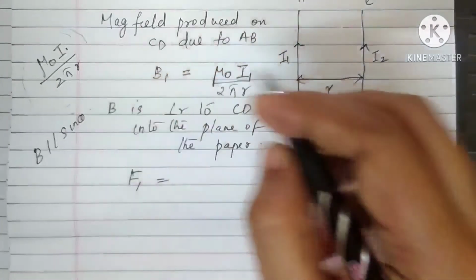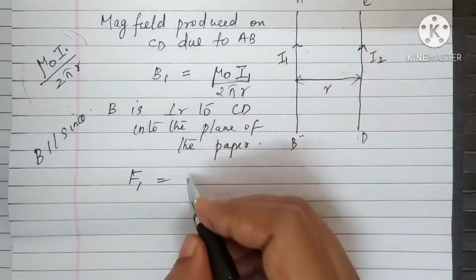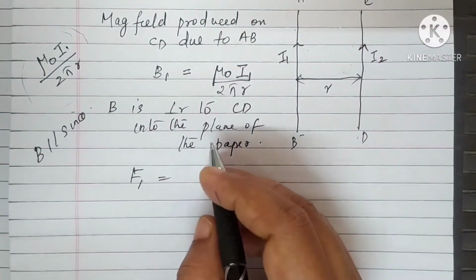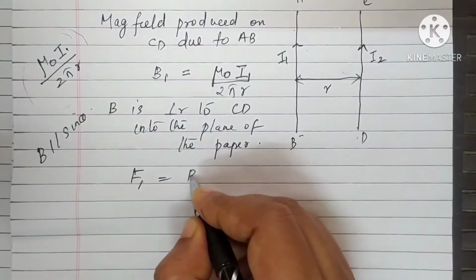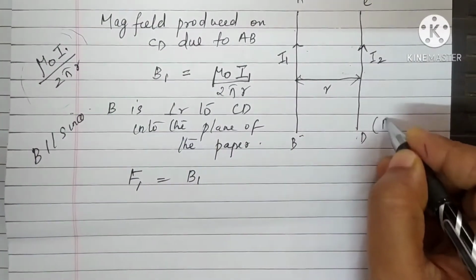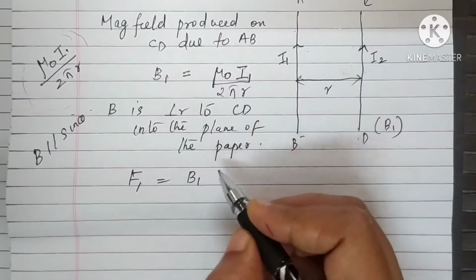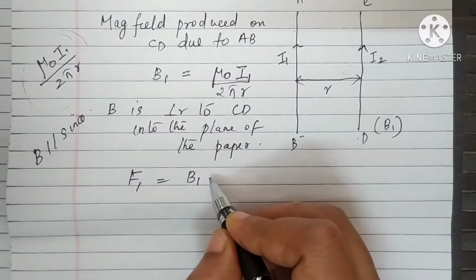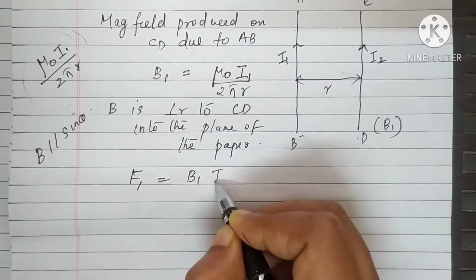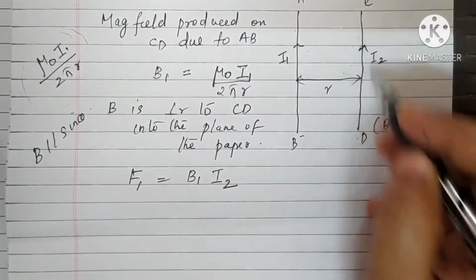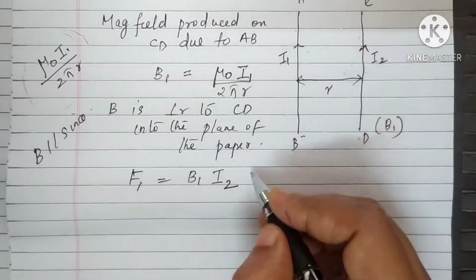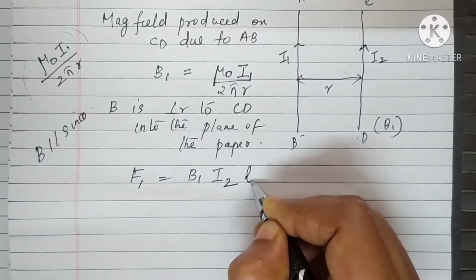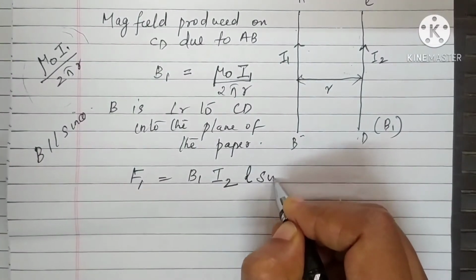So first this CD, what about the expression? It is B1, because the magnetic field produced is B1, right? Then I2, the current flowing through this conductor, and l sine theta.